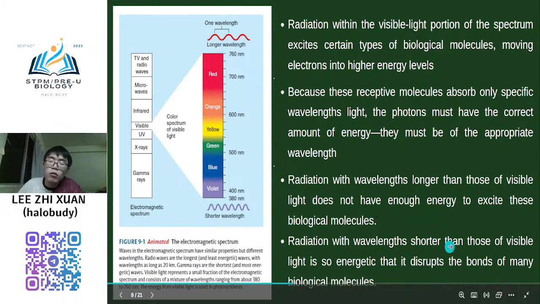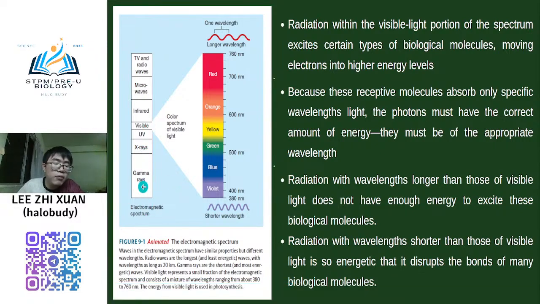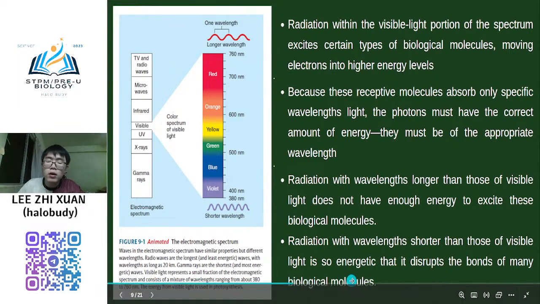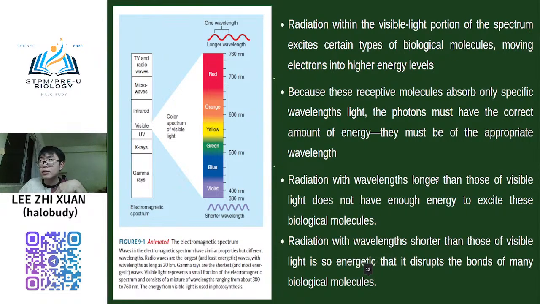And then X-ray and gamma ray have very high energy. If the energy is too high, it can destroy the chemical bonding in the biological molecule. It cannot be too strong and it cannot be too weak.